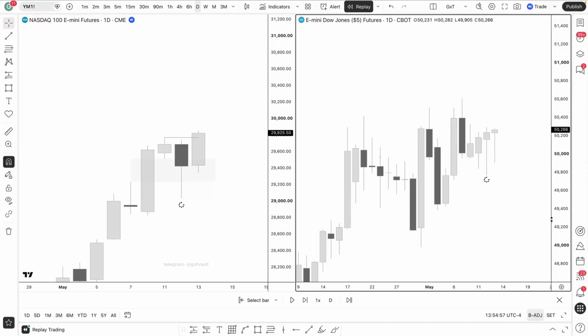So now let's go over the second variation of a one-stage Kraken correlation, and that is where both assets hit the key level. So you have no SMT at the key level, so you have to wait for a candle closure, and the candle closure itself is a precision swing point, which is a Kraken correlation.